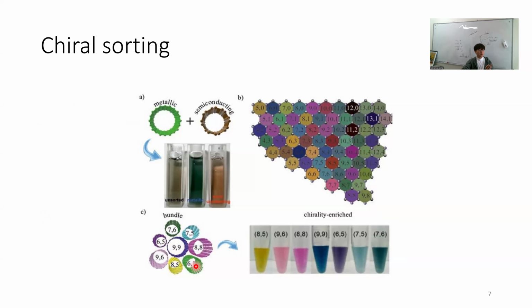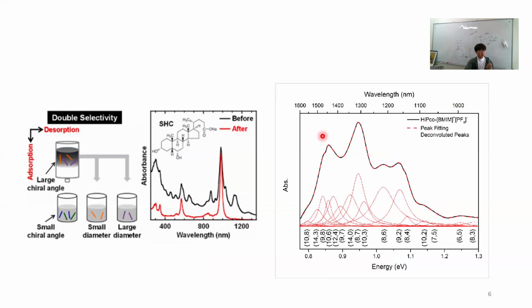So if you are doing chiral sorting, Yunsa is doing some things before. So many chiralities, when they are showing different chiralities, you can see that they have different E22 transitions. And E22 transitions are usually in the range of visible light. So in other words, single chiralities look like different colors to the human eye.